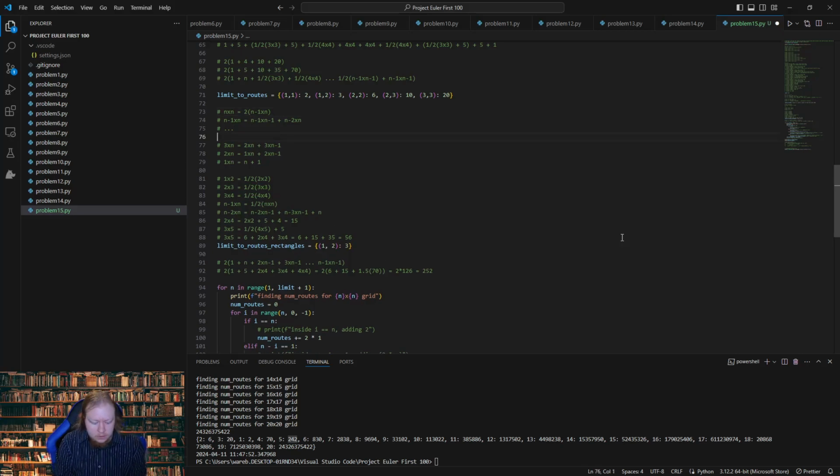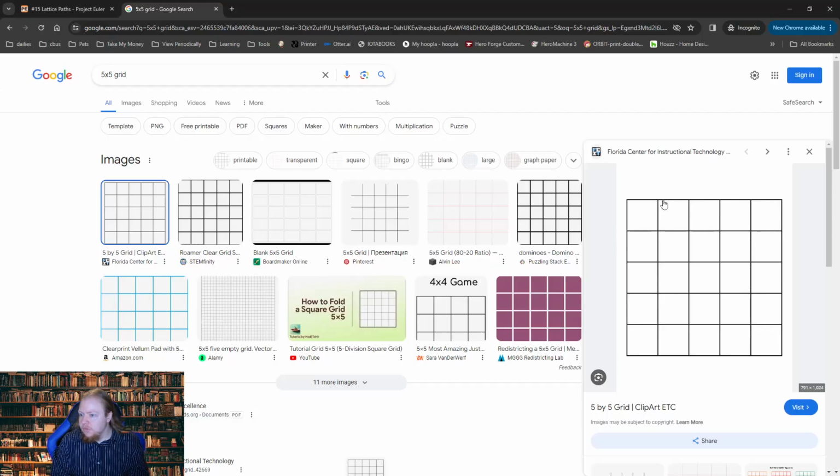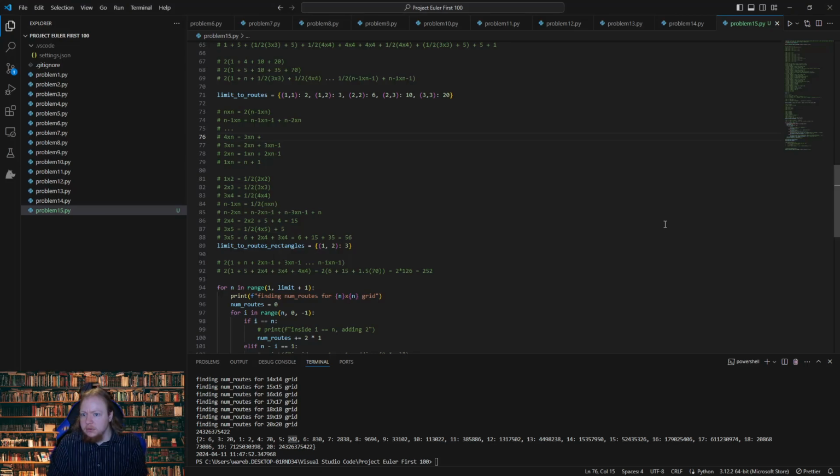So 4 by n is a 3 by n plus... I lost it. A 4 by n is a 3 by n plus a 4 by 4. Or more accurately, a 4 by n minus 1.